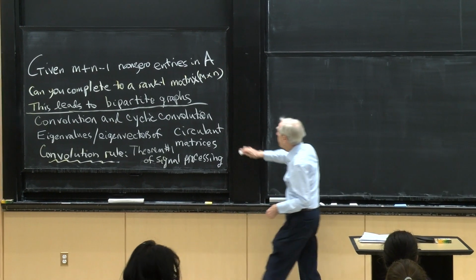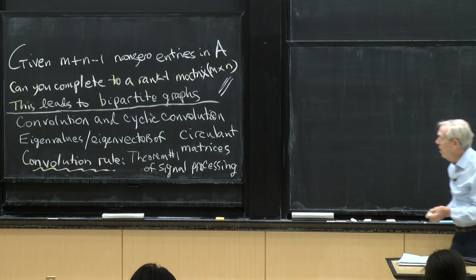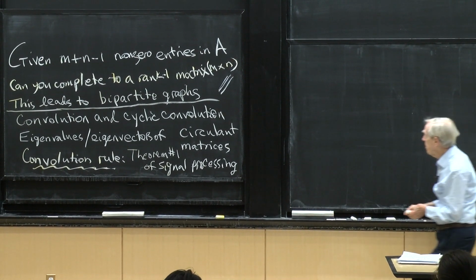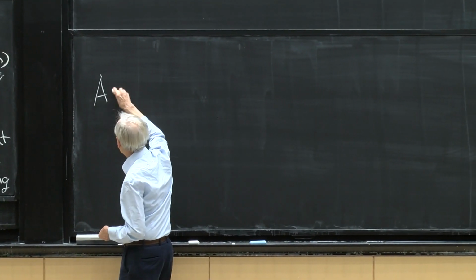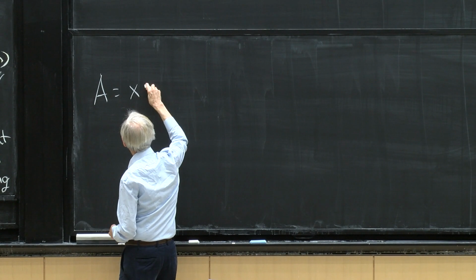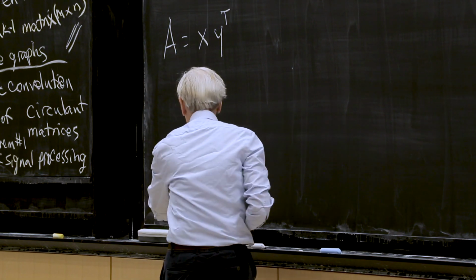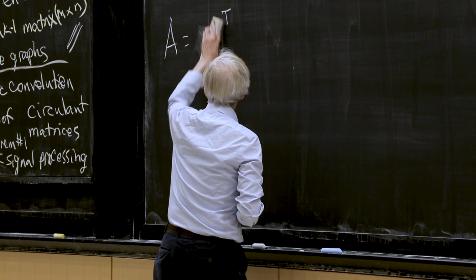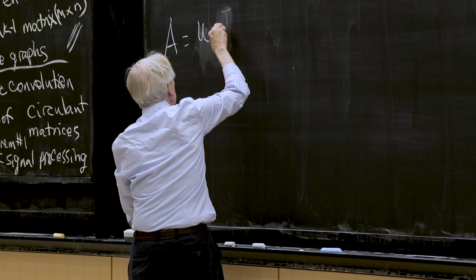Okay, so I'm looking at this question here. Suppose I'm looking for a rank 1 matrix of the form UV transpose. Those are the letters we're used to.